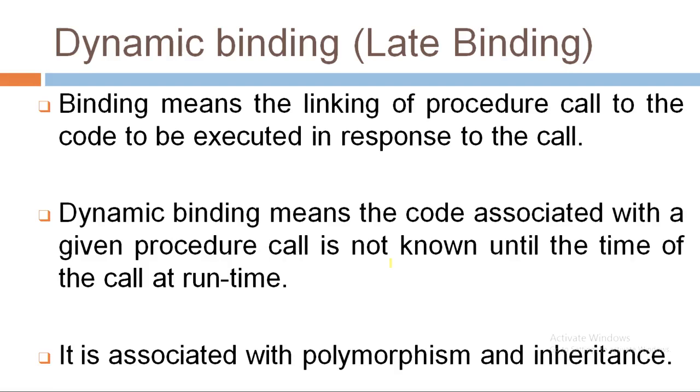The next thing is dynamic binding. We can say it is late binding also. Why is it called dynamic or late? Because linking of the procedure call to the code is done at the time of run. Whenever we are running a program, at that time the program decides which function to call based on the value passed to the function call.